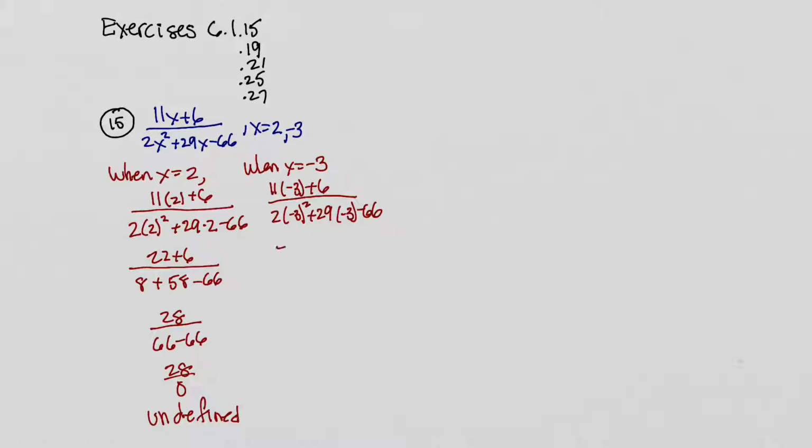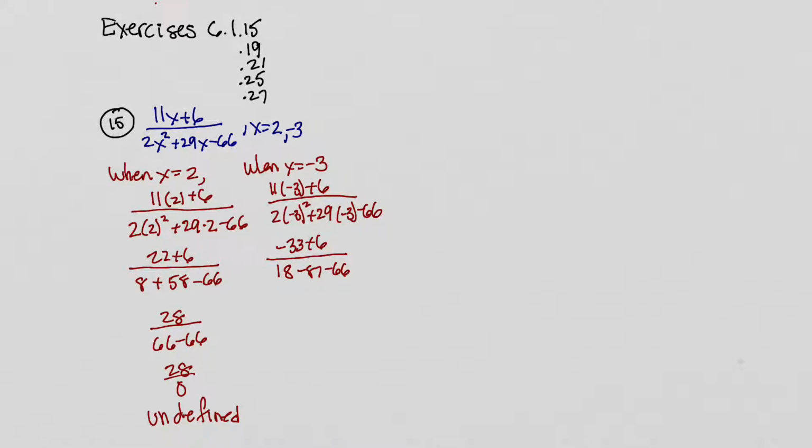In the numerator, we'll get negative 33 plus 6 over, now, negative 3 squared is 9. 9 times 2 is 18. In the denominator, we've got this negative 3 times 29. Now, if that was a 30, 3 times 30 is 90, but we're 1 less 3 times. So that's going to be 90 minus 3, 87, but it's going to be negative.